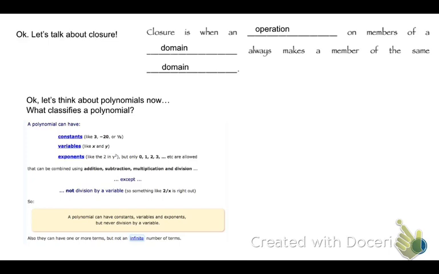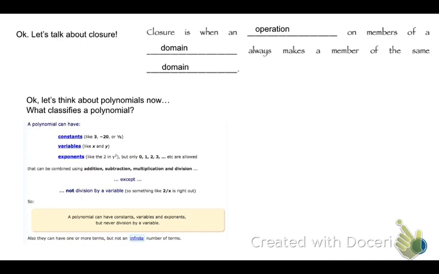Variables: x, y, z, r, q, p, a fish, whatever. Exponents, they can only be 0, 1, 2, 3, 4, 5, 6, 7, 8. So they can only be positive whole numbers or 0. Okay? And they can be combined with addition, subtraction, multiplication, and division, except not division by a variable.